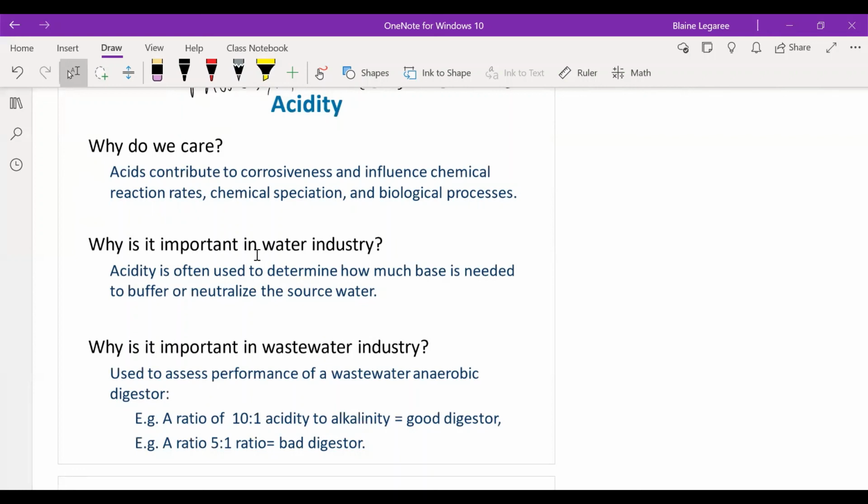For example, in the wastewater industry, we want it relatively acidic, and it makes the digestion process go a lot better. All sorts of industries are going to rely on different pHs. In many cases, they want water as neutral as possible to prevent corrosion of their equipment. So this is something that's monitored carefully in many, many different types of industries.